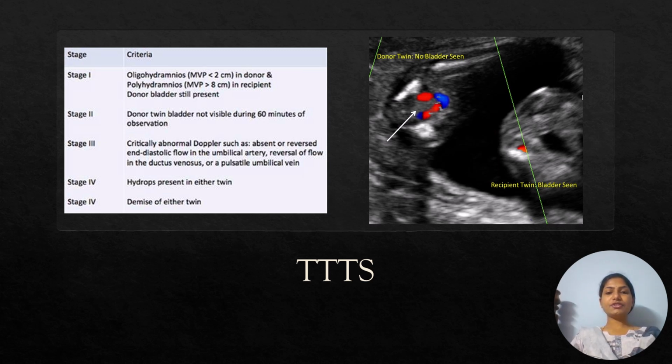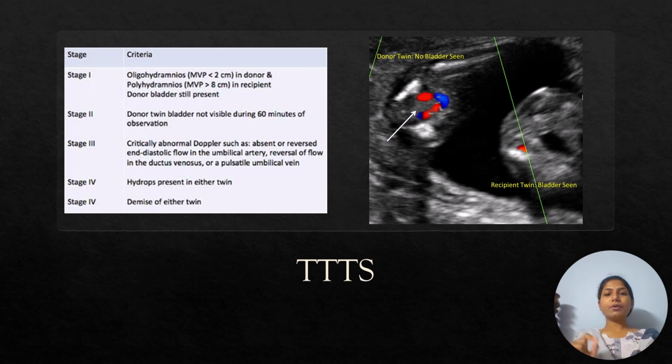And this is staged by a well-known classification called the Quintero classification. And this is very important for us to treat and manage based on which stage it belongs to. So from 16 weeks, every 2 weeks, we have to look for whether there is any evidence of OP sequence, that is oligohydramnios, polyhydramnios sequence.